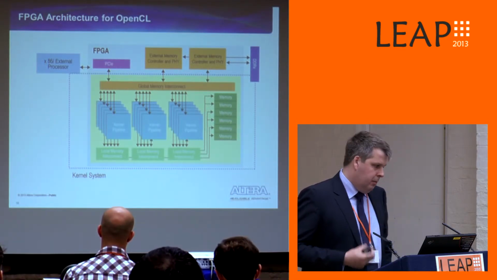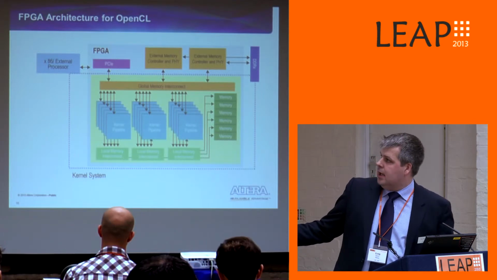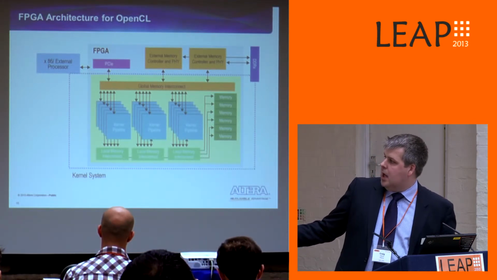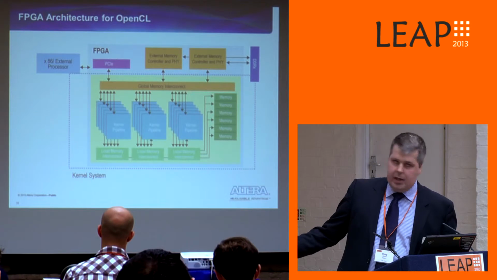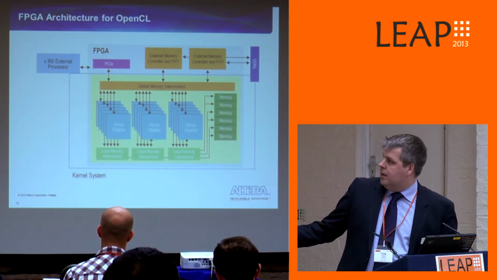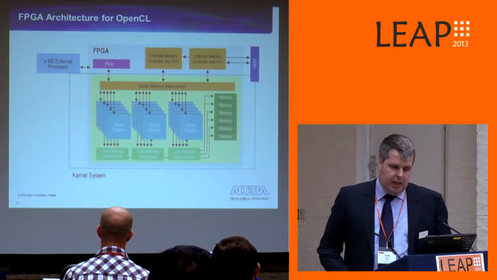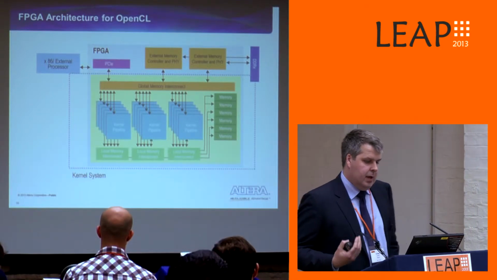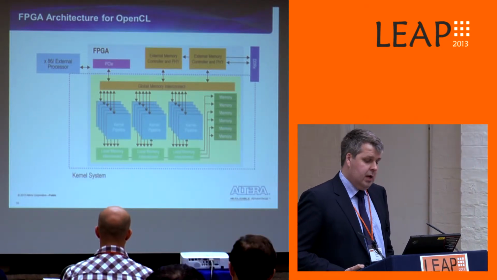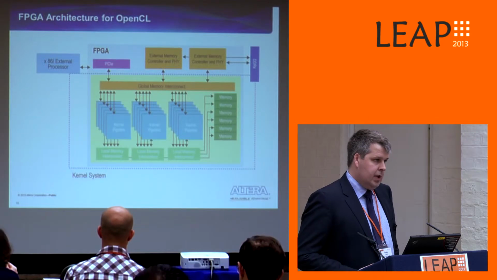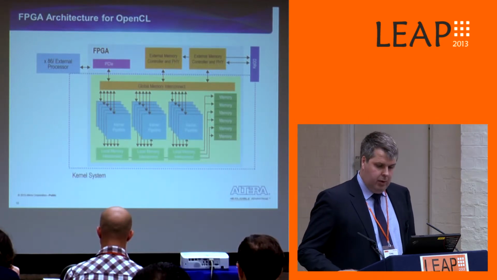The OpenCL compiler will take your OpenCL code and implement it as a block within the FPGA, with one of our tools to produce the global interconnect, the connections between the global memory and the kernels themselves, and also the local memory interconnect that would be shared by the various work groups.